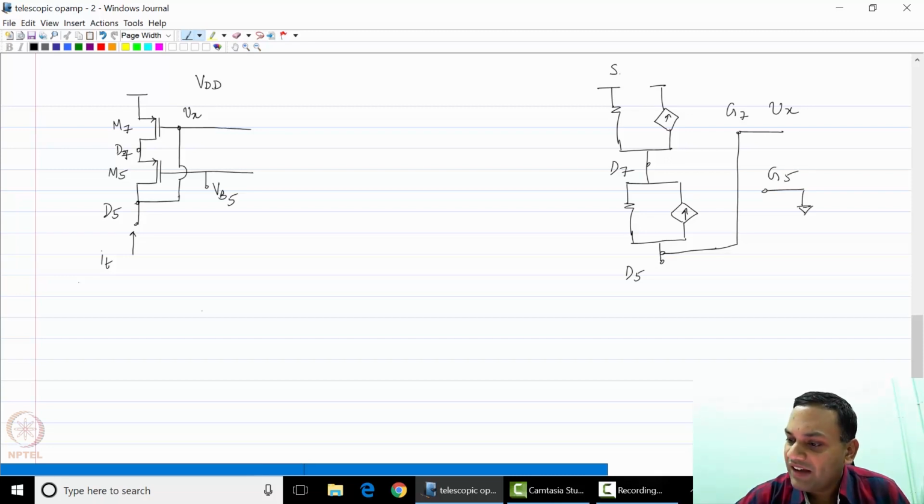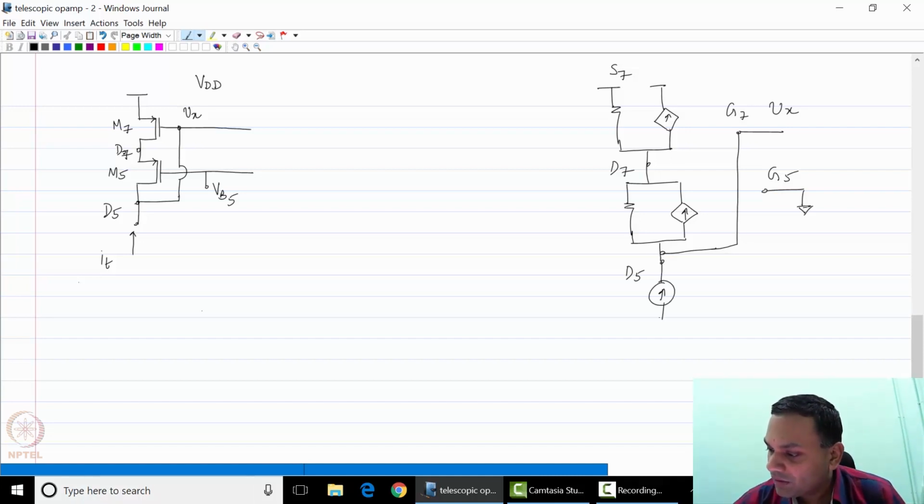The source of M7 is connected to small signal ground, and the source of M5 is the same as the drain of M7. So let us now excite this with a test current source I test and figure out what Vx is. Vx is the same as V test, and Vx by It will tell us what the input impedance of the circuit is.